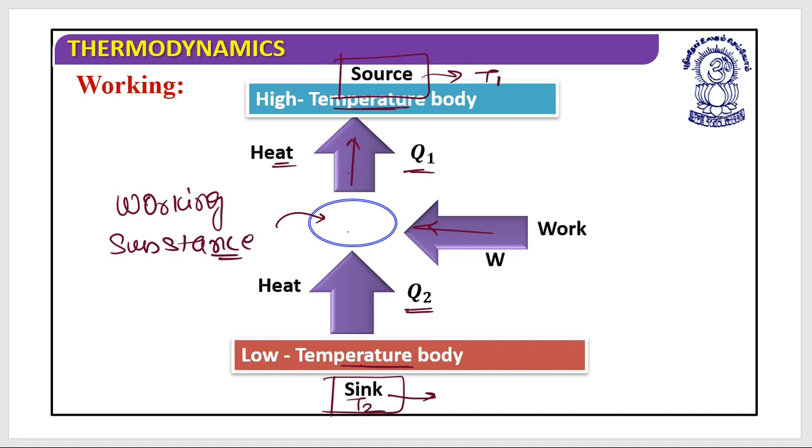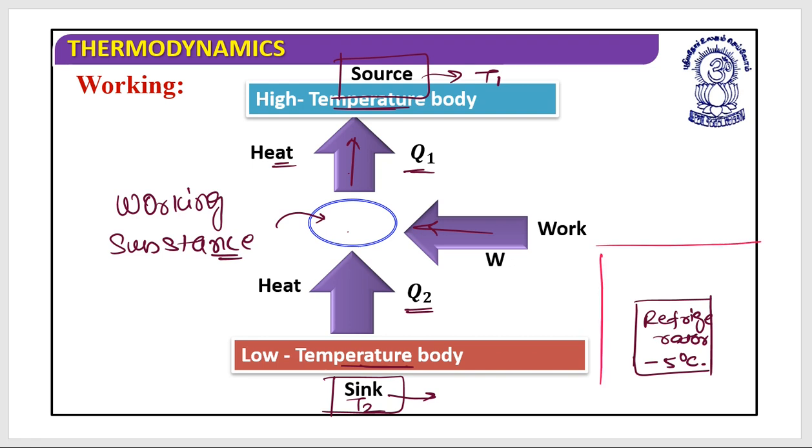Let's understand it technically. Suppose this is the refrigerator, at minus 5 degrees Celsius, and the region around it, let's suppose the kitchen, is technically the surrounding of this refrigerator, which is at room temperature, approximately 27 degrees Celsius.